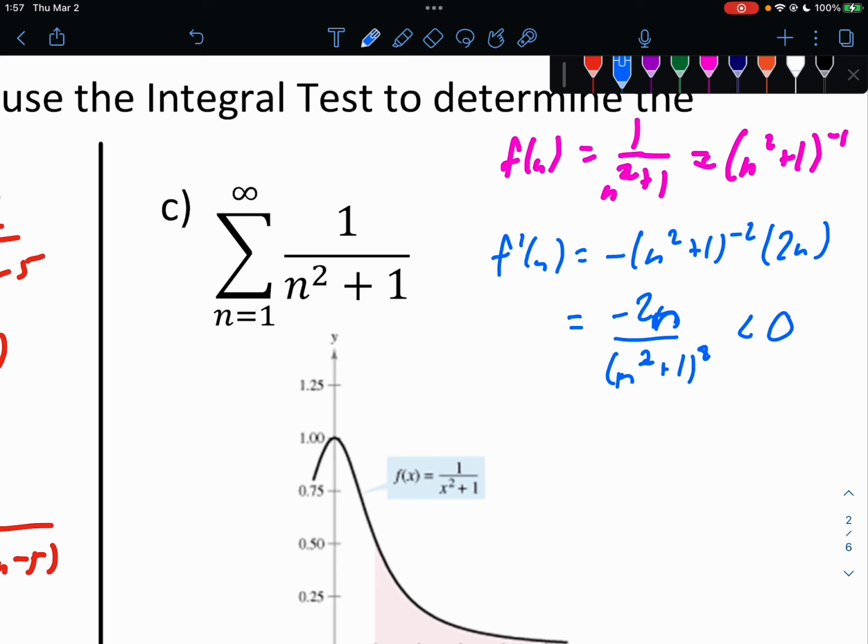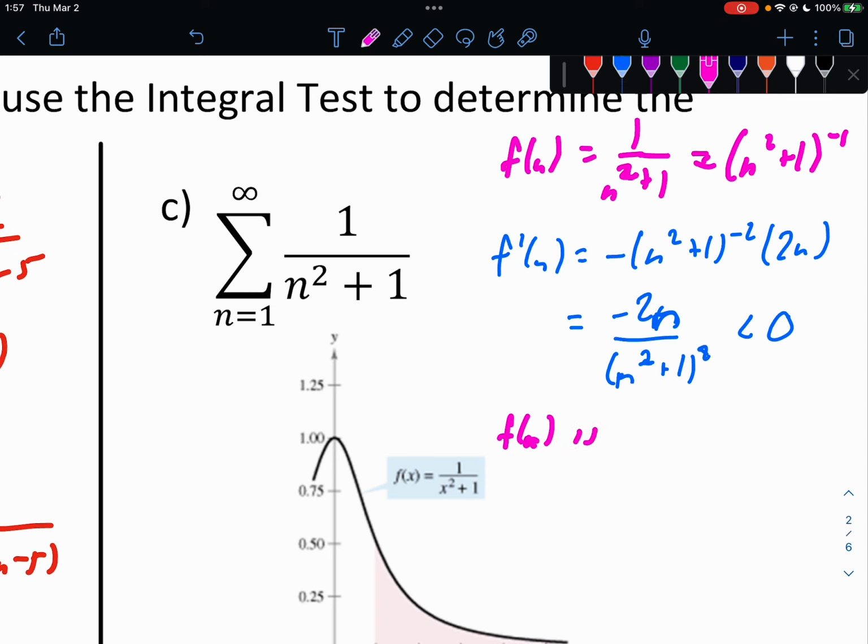So therefore, we can say f of n is the three things that we want it to be: positive, continuous, and decreasing for n greater than or equal to 1. And we can now apply the integral test.